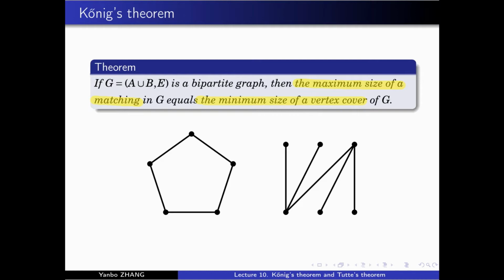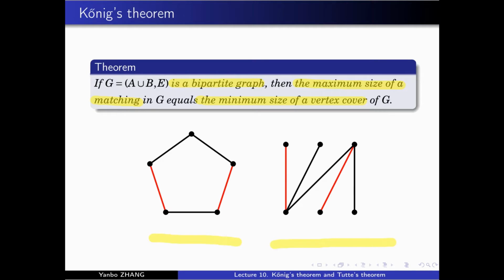The prerequisite is G is a bipartite graph. Here below we have 2 graphs. The first one is C5, which is not a bipartite graph. The second one is a bipartite graph. We can find out maximum matchings in both graphs.